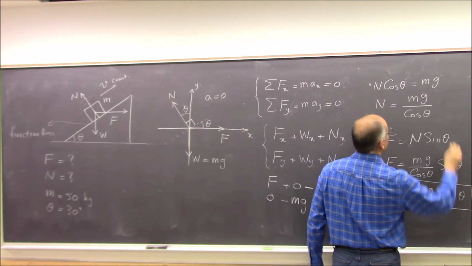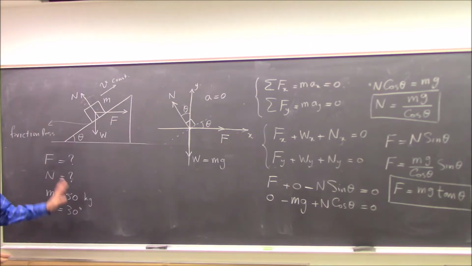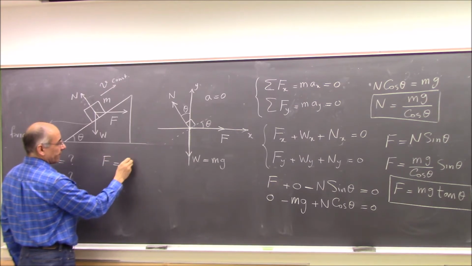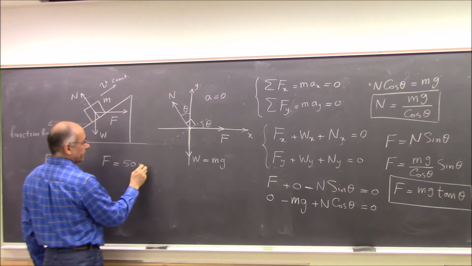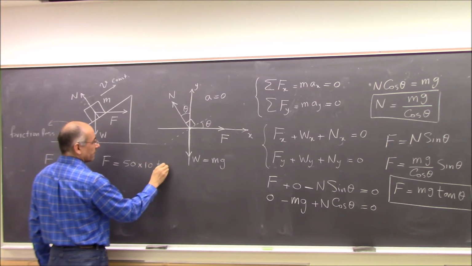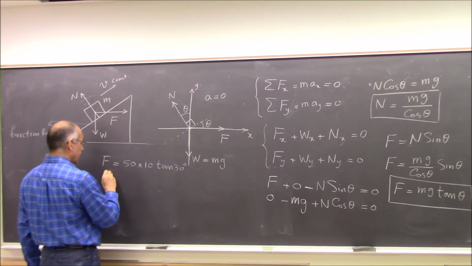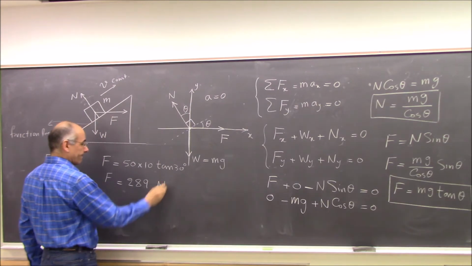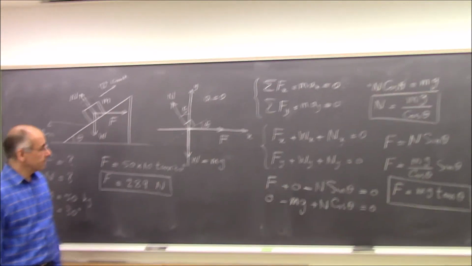So that's F, and that's N. If you want to put in the values, F becomes 50 times, let's say g is 10, 50 times 10 times tan of 30 degrees. How much is that? 289 Newtons. Make sure you get that right.